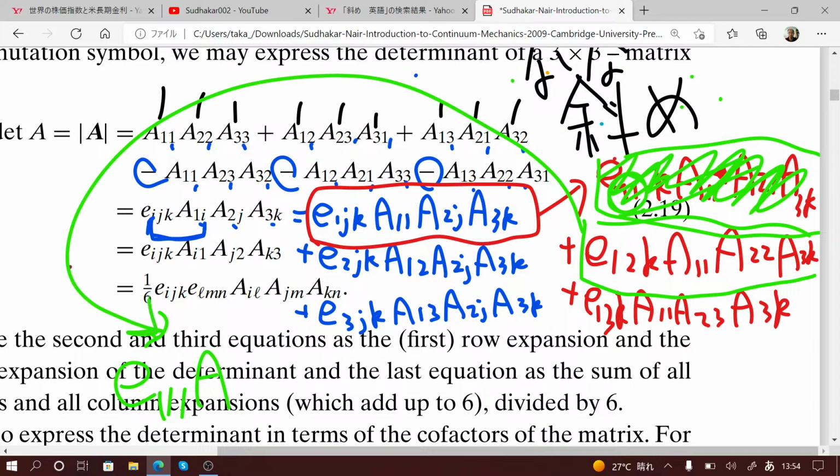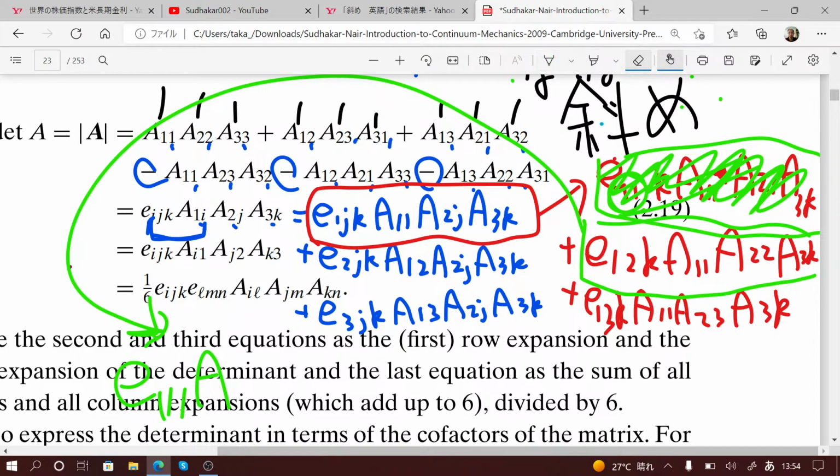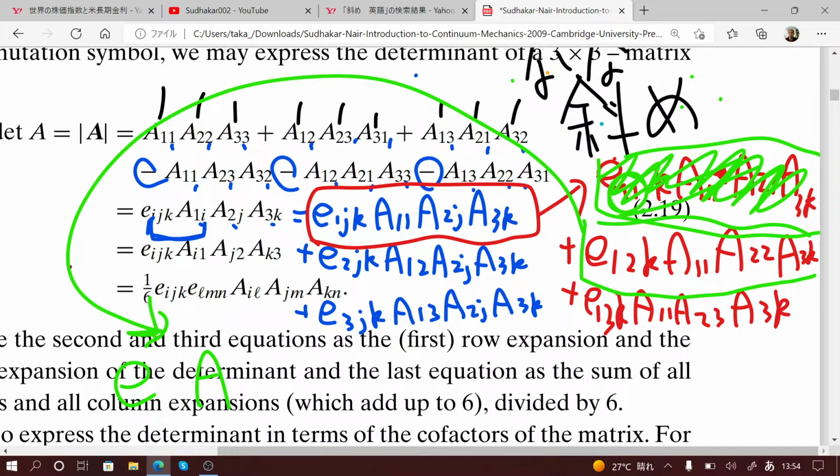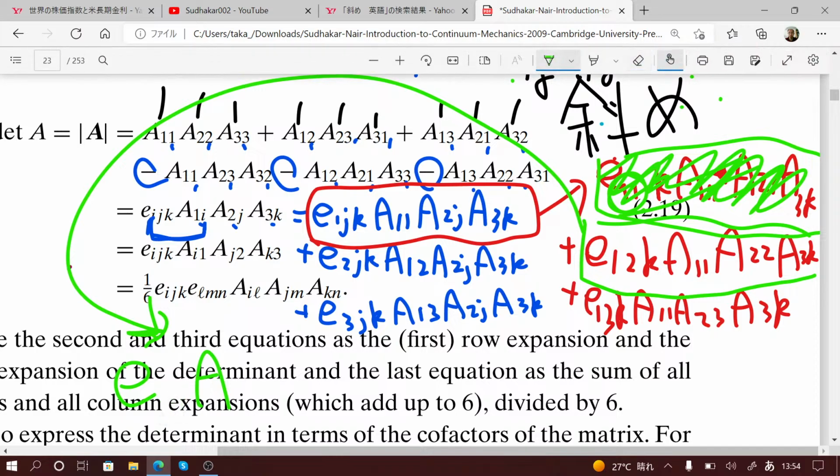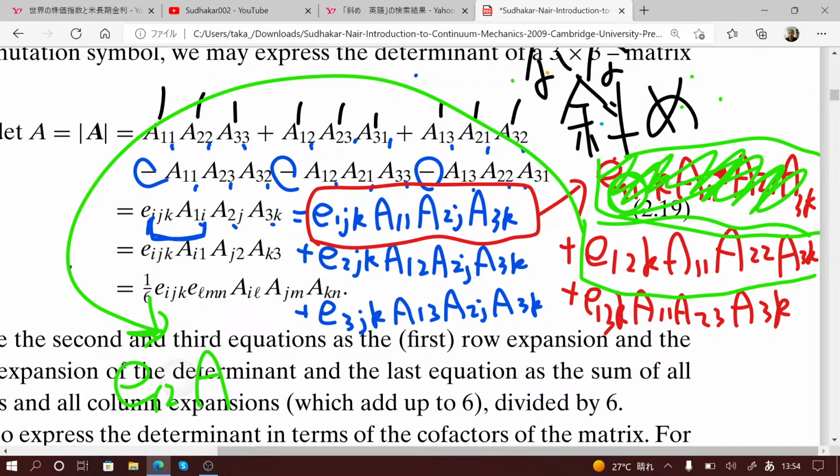So let's see. Then we see 1, 2, 3, 1, 2, 1. So this is also 0: A_{11} A_{22} A_{31}.